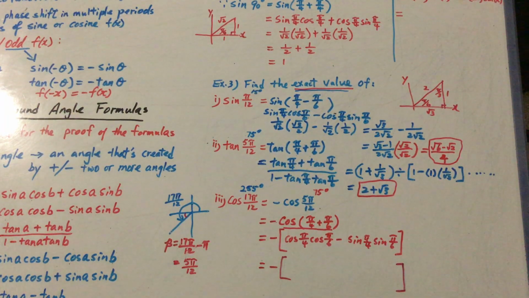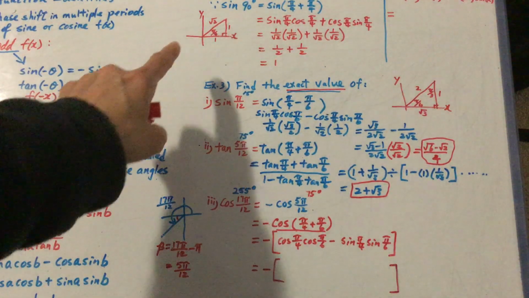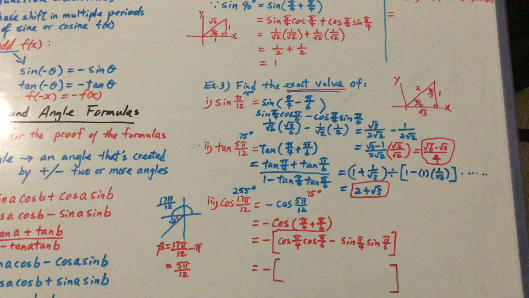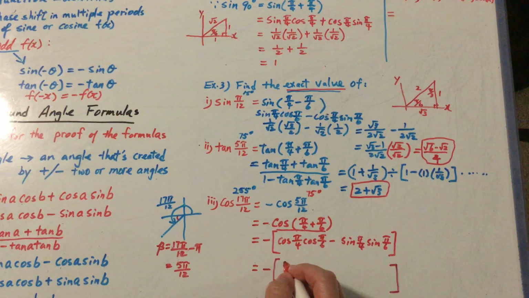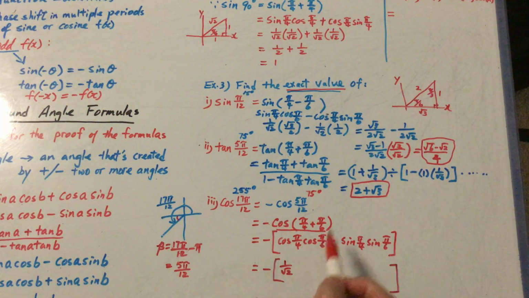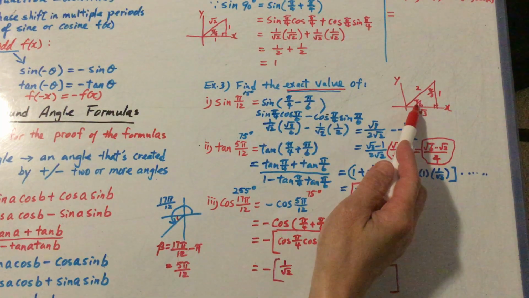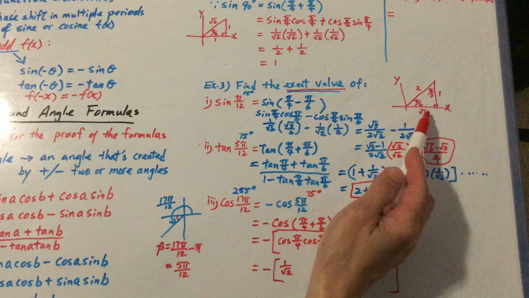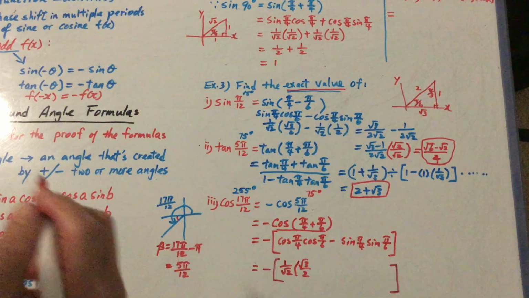Okay, so cosine of 45, and again, I'm looking up at the 45 degree diagram, I know that is 1 over root 2. And the cosine of 30, I'll be looking at this diagram, the 30 degree angle here, cosine is root 3 over 2.